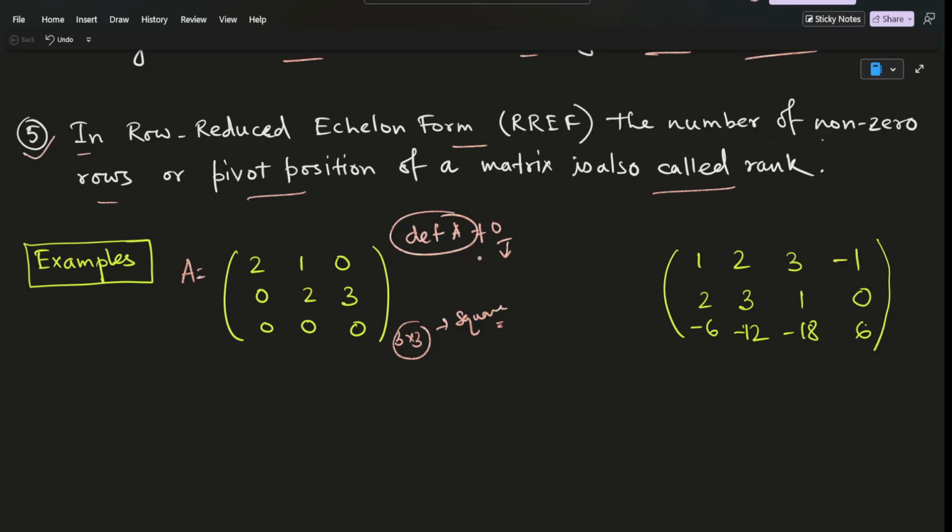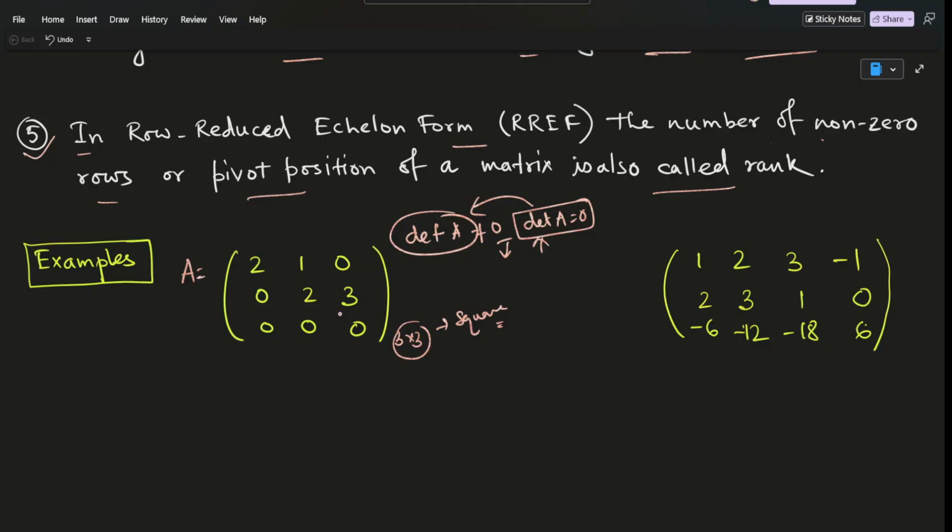But if the determinant is 0, then the actual complexity comes in. This is helpful only if the determinant is non-zero; otherwise, this is not helpful basically. So that's why I didn't include it in the definitions.